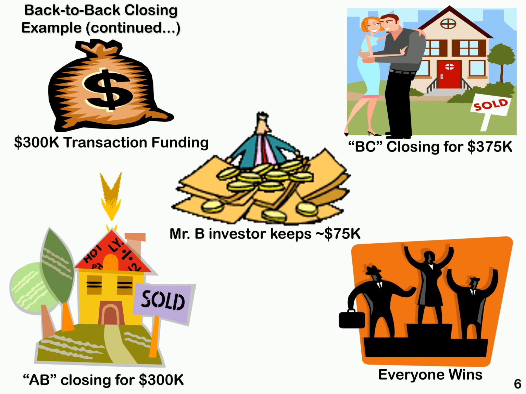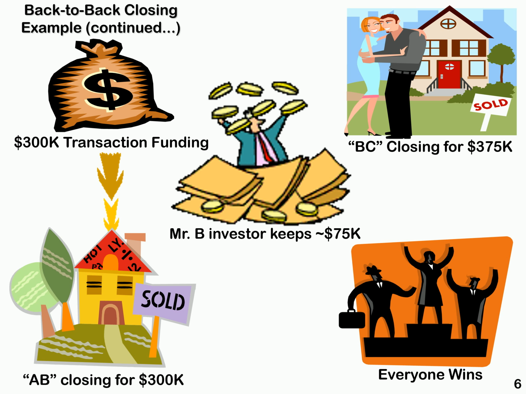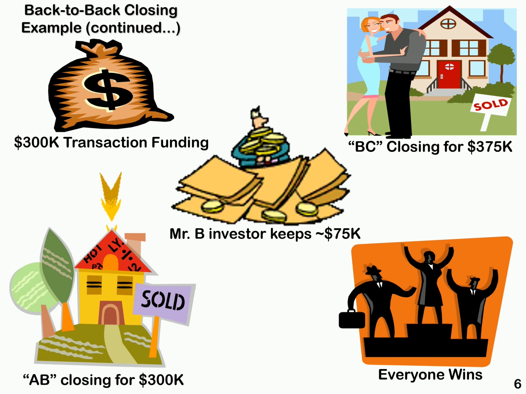The HUD wins because they get rid of a bad asset, a non-performing asset. C wins because they bought a house for $375,000 with built-in equity of $25,000, and Mr. B wins because he gets to keep $75,000 less closing costs. So that's it as far as a typical example of how transactional funding funds wholesalers.